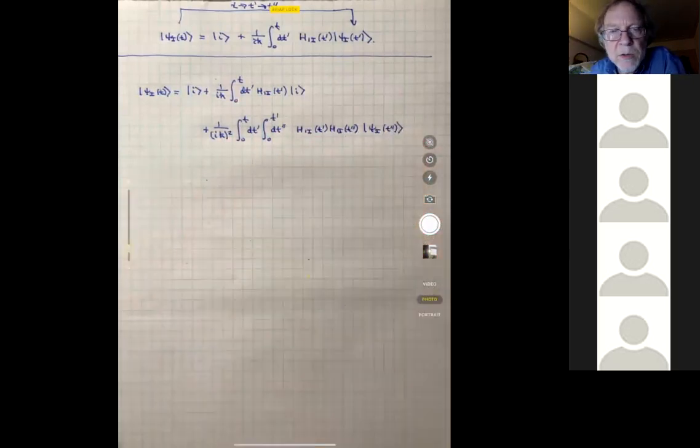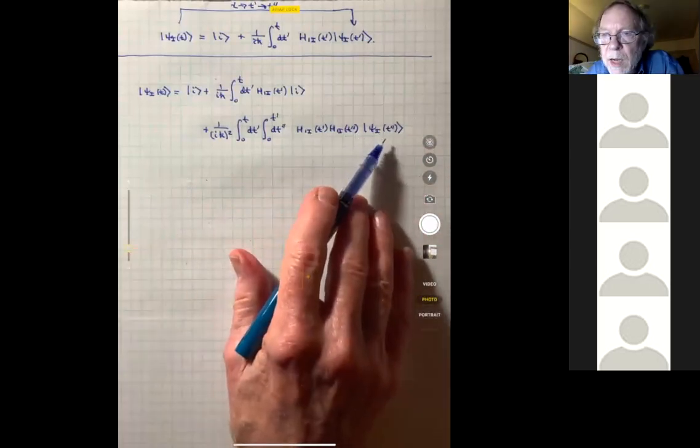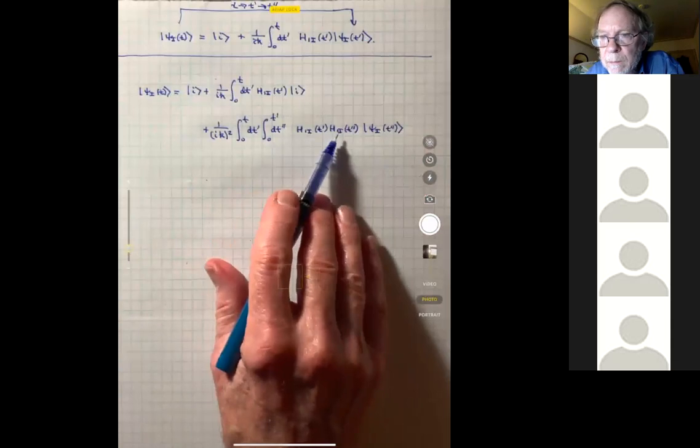And this equation is also exact. But now you see the unknown wave function psi I has been pushed to a second order term.